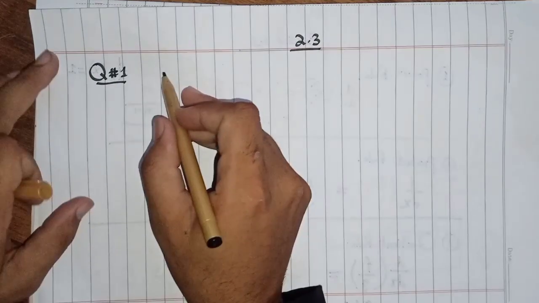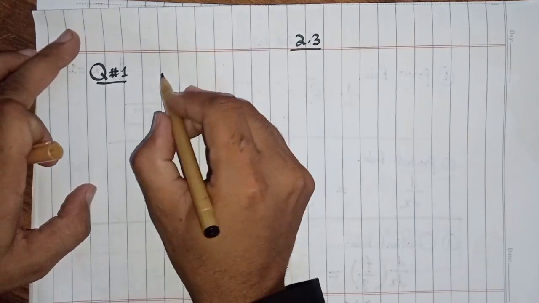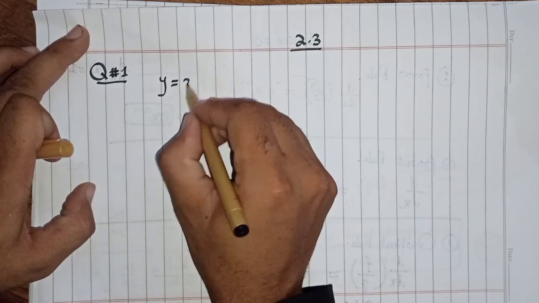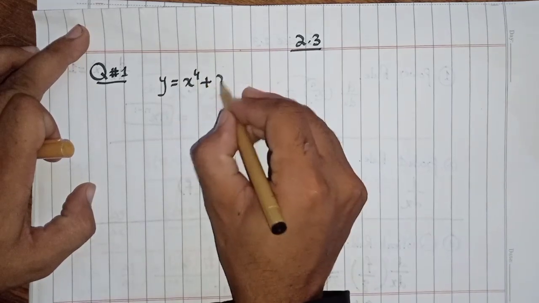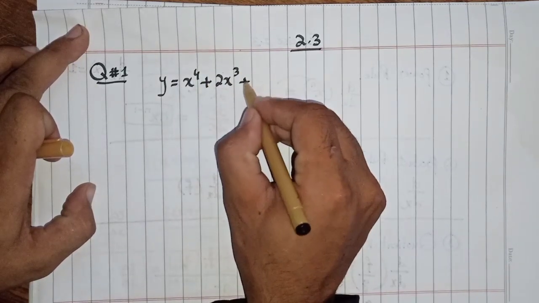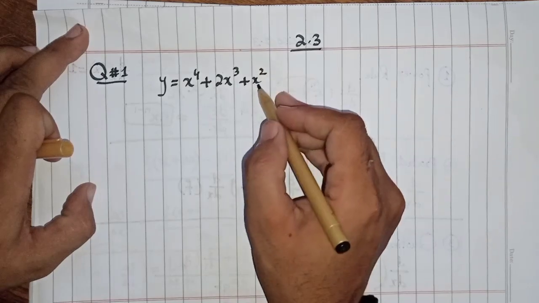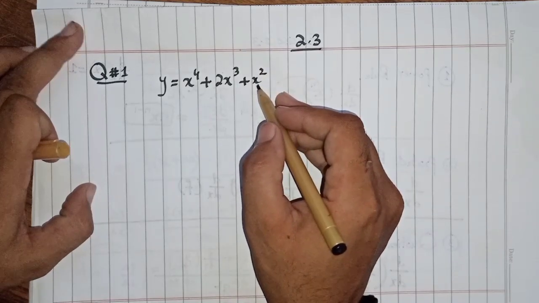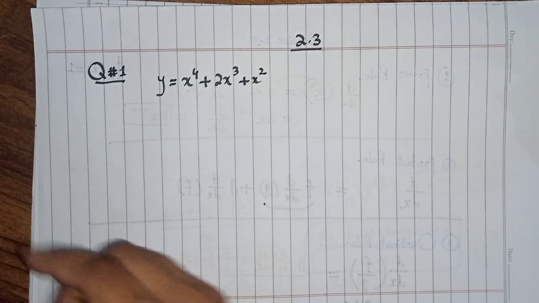Here is question number 1 of exercise 2.3. y is equal to x^4 plus 2x^3 plus x^2. So y is a function of x, and we want to apply the derivative.